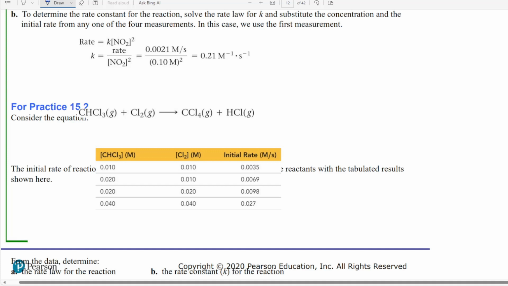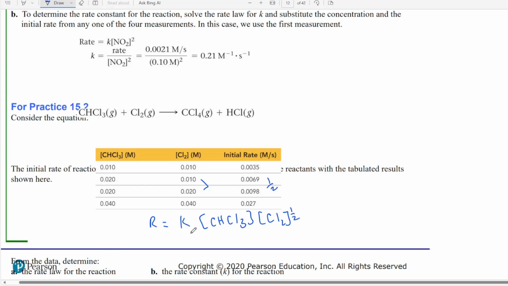We see that for the Cl2, if we double the concentration, the rate only goes up by 1/2. So that would give us an unusual rate law where the rate is equal to K times CHCl3 to the first times Cl2 to the half.